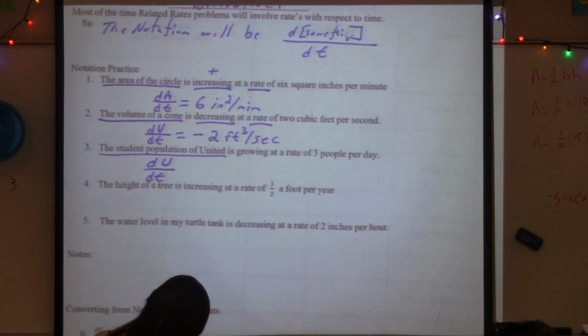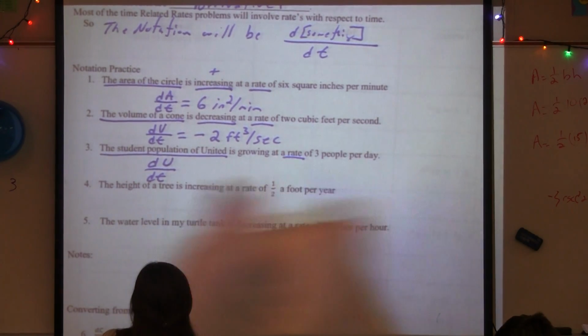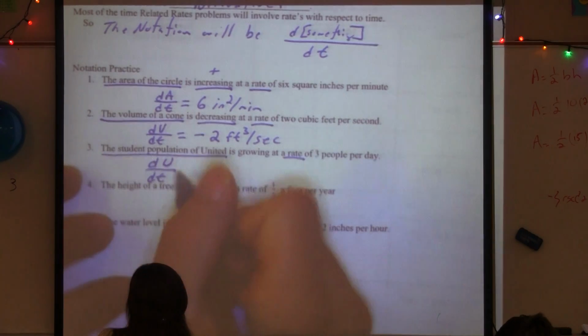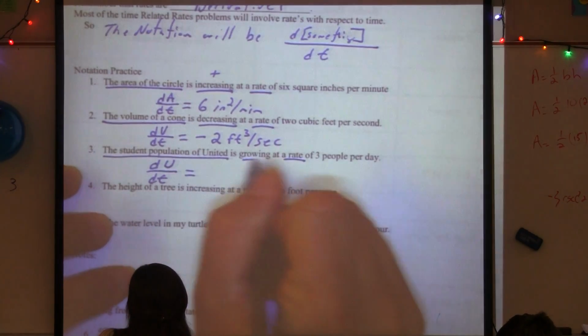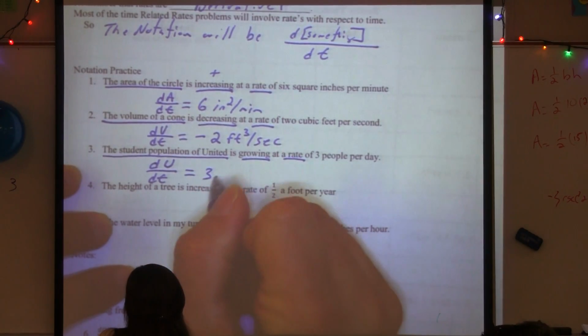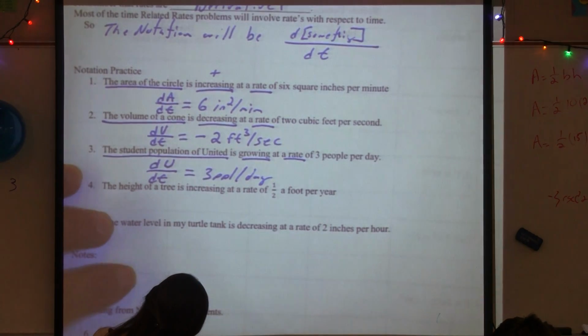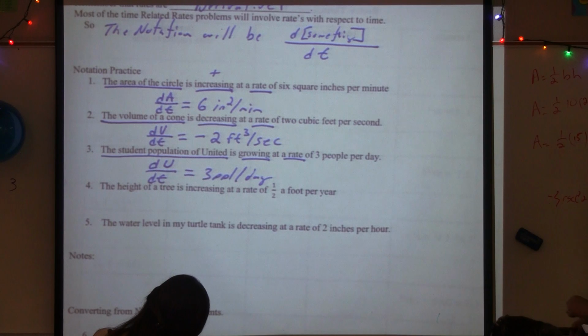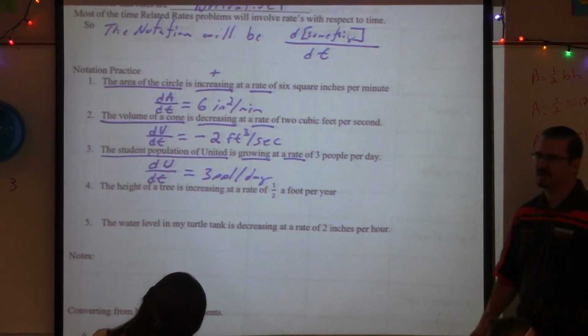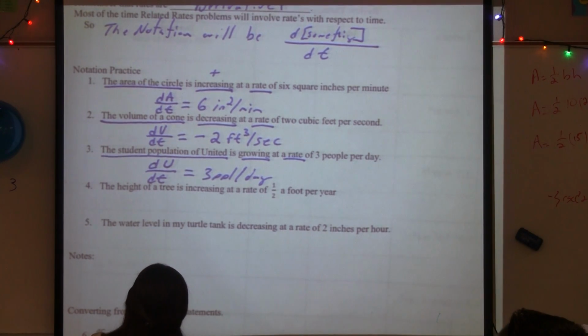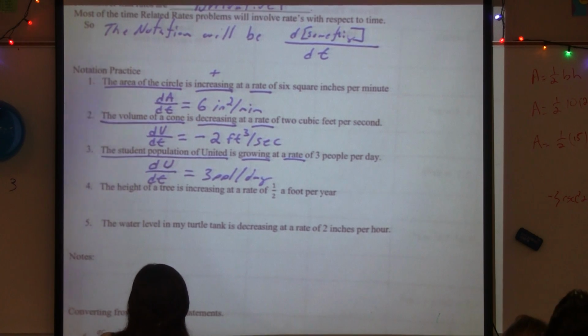It's a rate, right? So it has to be a derivative. Equal what? Positive 3 people per day. And everybody wants to come here. That's you. Okay, how about the next one?